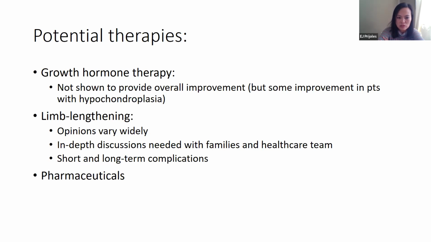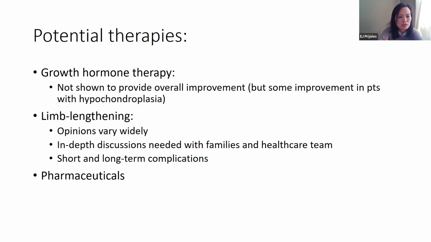So another skeletal dysplasia that's slightly milder than achondroplasia, that also is caused by mutation in FGFR3.